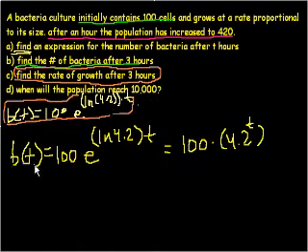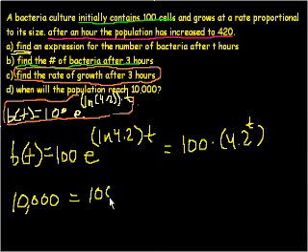And they say, when will the population reach 10,000? So they're essentially saying, at what time t is b of t equal to 10,000? So we could just say 10,000 is equal to 100 e to the ln 4.2 t. I'm going to use this one because I'm going to take the natural log of both sides and it just makes things simpler.